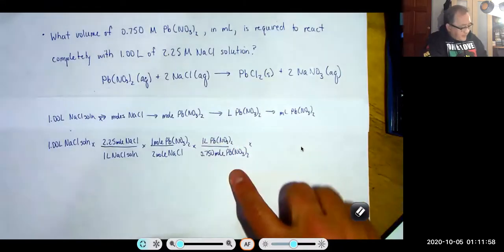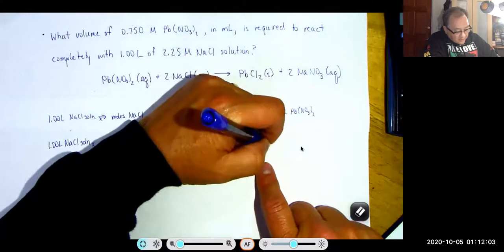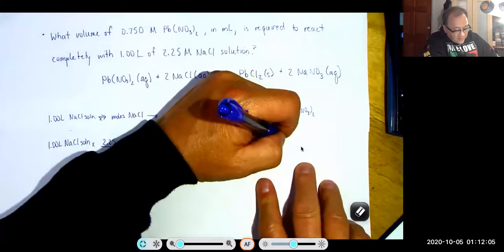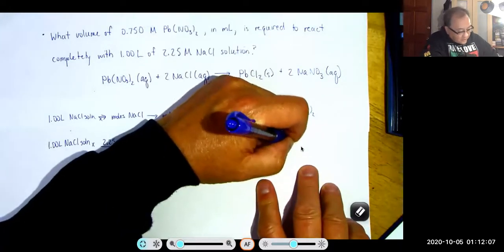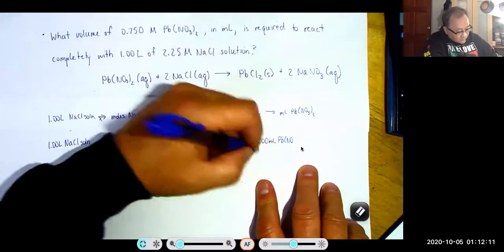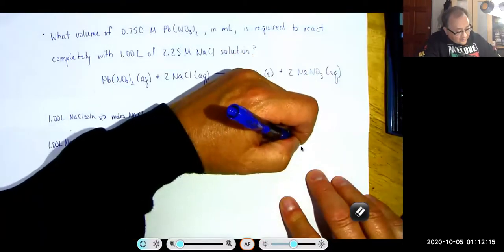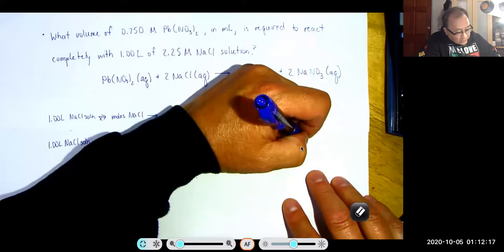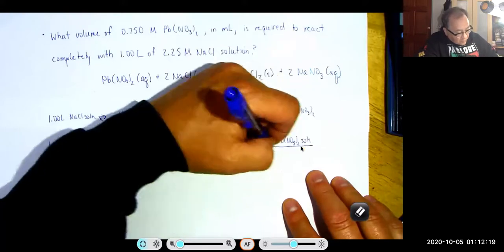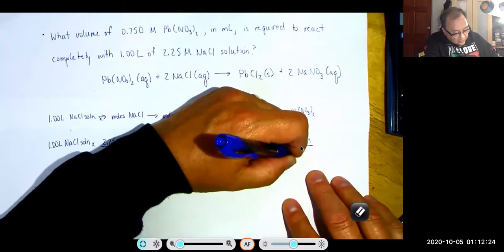And then finally, we're going to multiply by 10^3 milliliters of lead 2 nitrate solution per 1 liter of lead 2 nitrate solution.